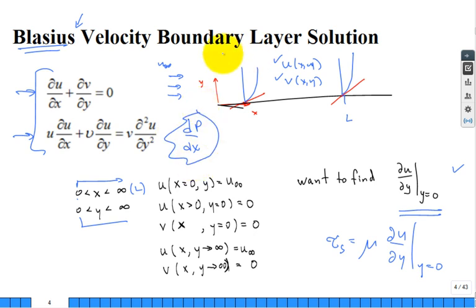So out here, far away, we have P infinity. And how does the pressure, P infinity, change as I move increasing x far above the plate? Does the pressure change as I'm moving in the direction of flow far above the plate?